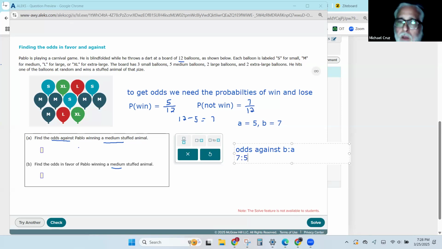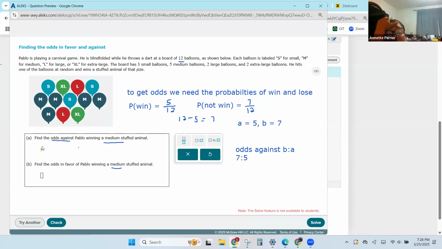And that's what's going to go here. So that means 7 losers, 5 winners on that board. And they both add up to 12, because there are 12 balloons.